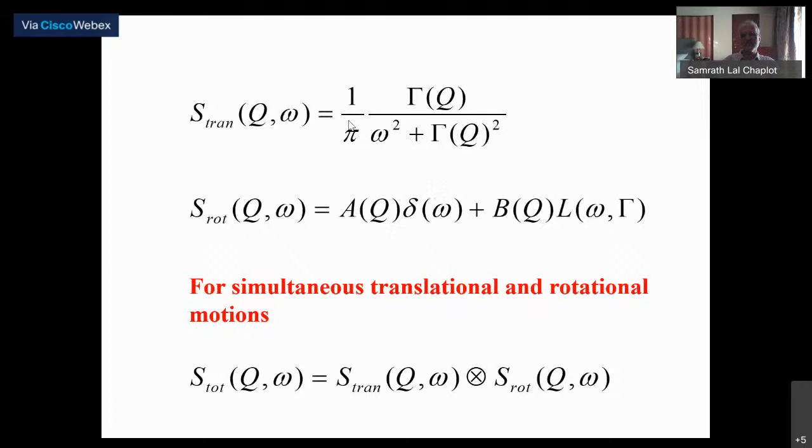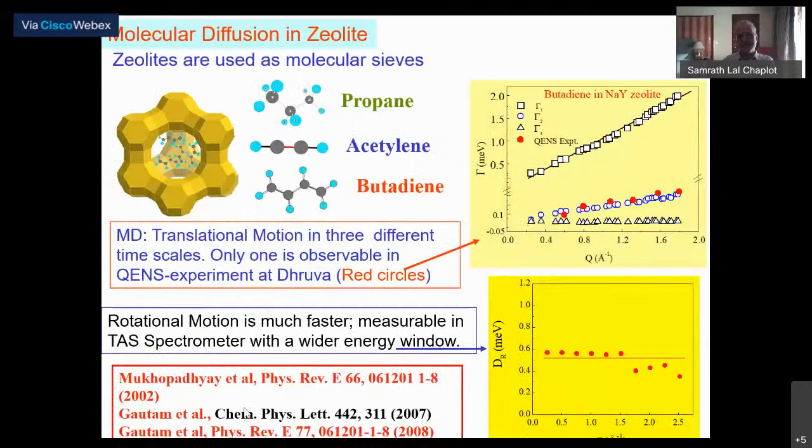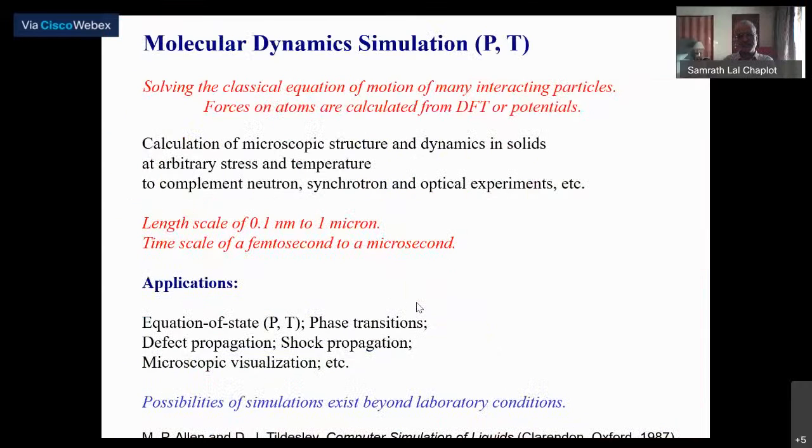So this is a non-localized diffusion process. However, if both kinds of motions are there, that is, a molecule which is translating as well as rotating, then one actually has a convolution of the two scattering functions, and that is how it is done. Okay, we will come back to this later.